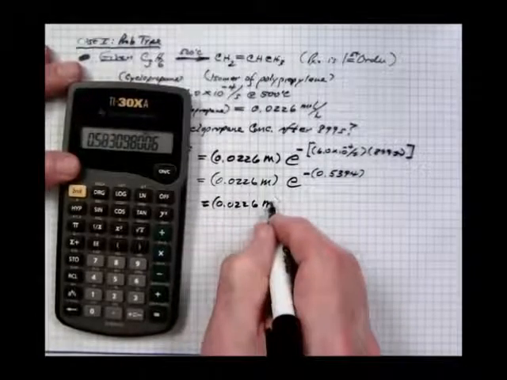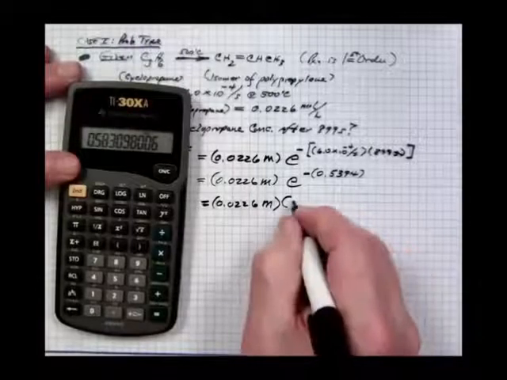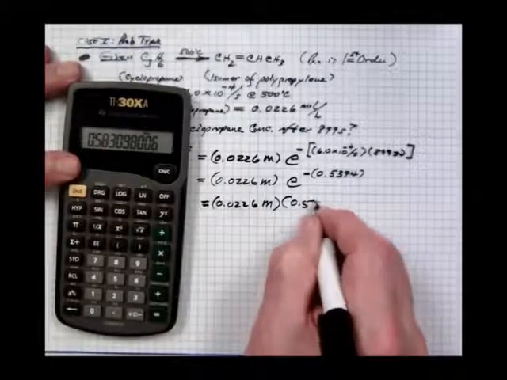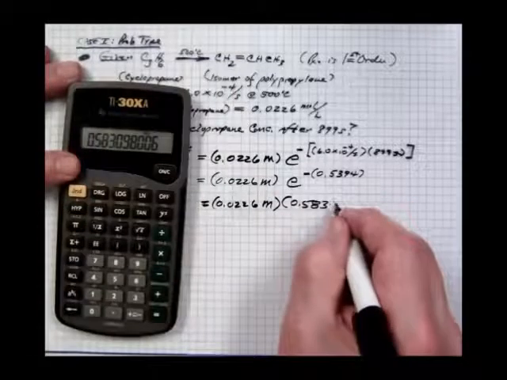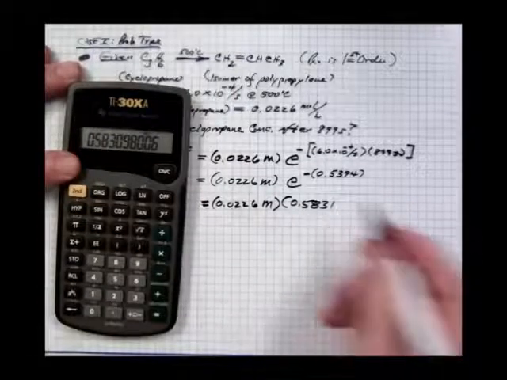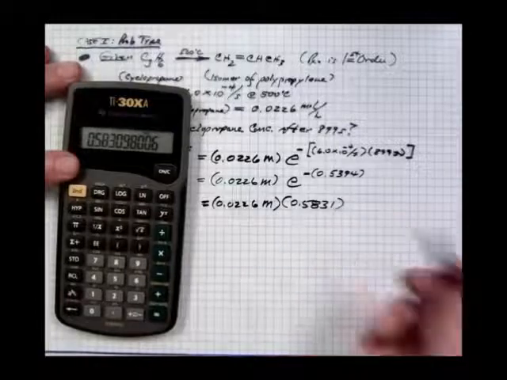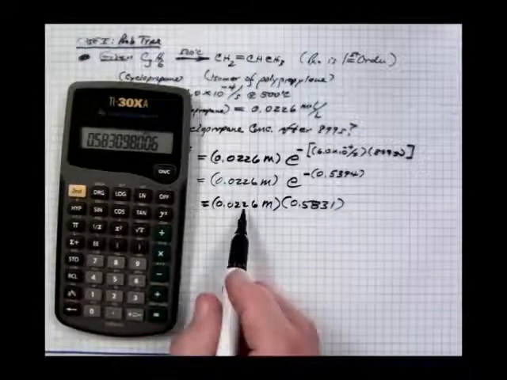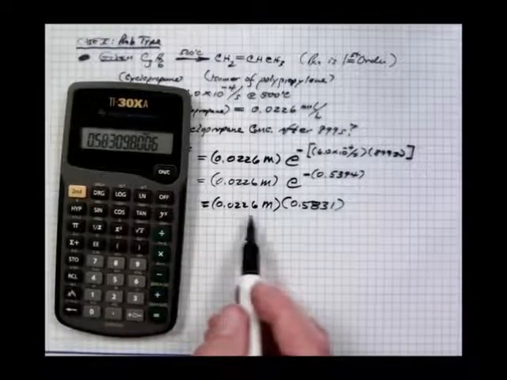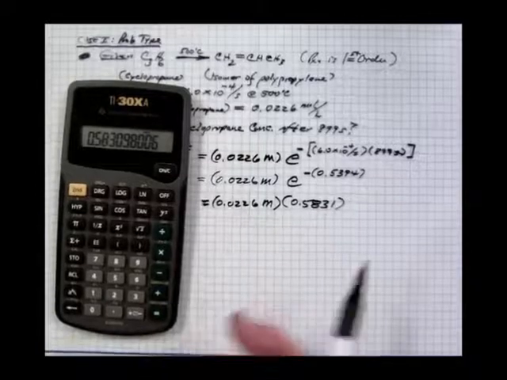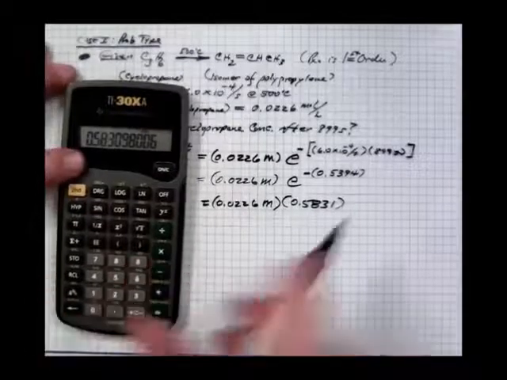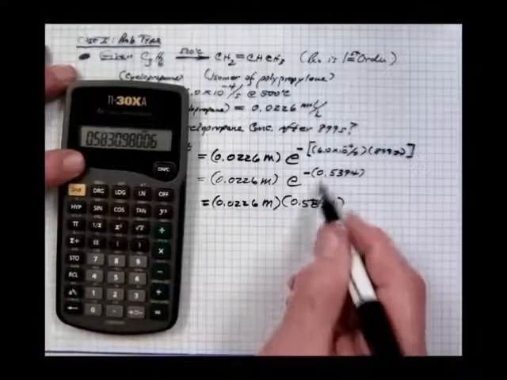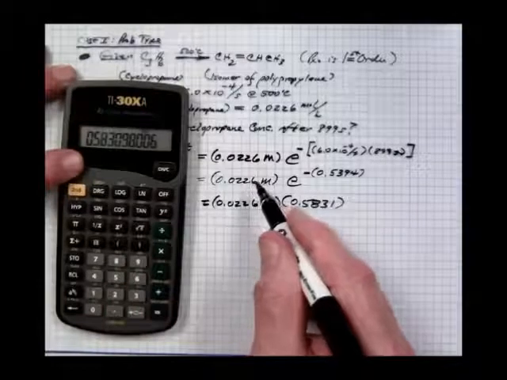0.0226 molar times 0.5831. I'm going to round it to 4 significant figures for the moment. Now the final answer will be in terms of the data generated here, which will be 3 significant figures. We'll see that in a moment. Okay, this is your reduction factor.